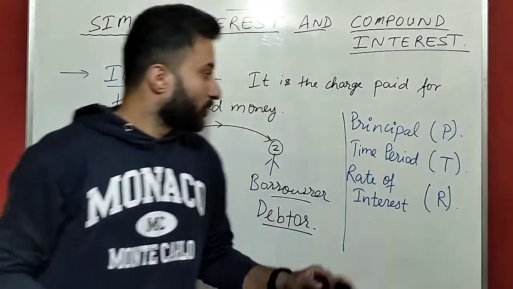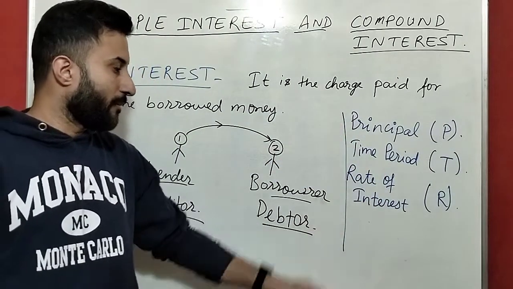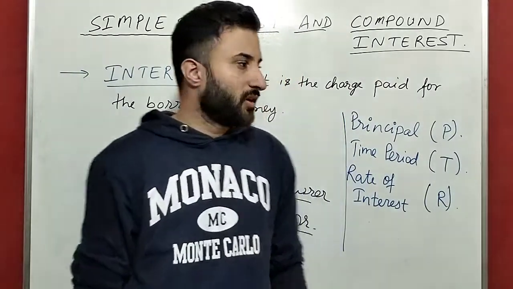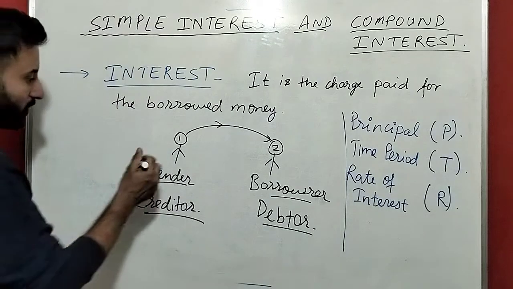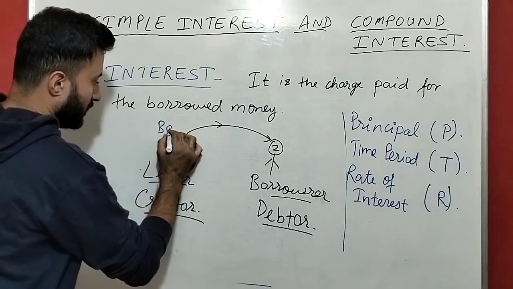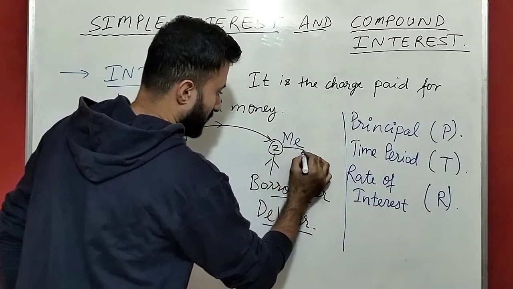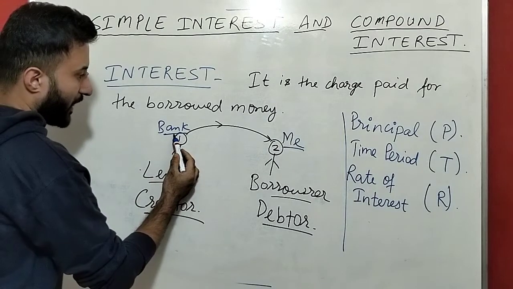Fine. So principal, time period, rate of interest. These three you have to remember, and we have been studying these since class 7th. Okay, principal means, see this, suppose this is a bank and this is me. I went to the bank and asked the bank to give me a loan.